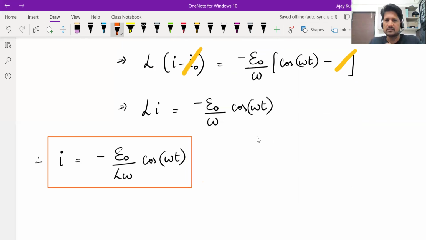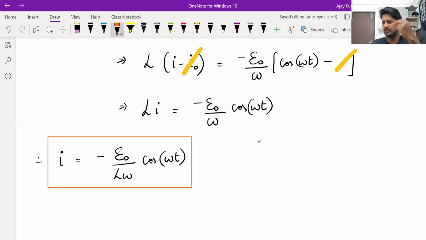Now, based on this current equation, we need to find out the phase difference between the EMF and the current. We should write an expression for the peak value of the current. In case of capacitor, if you remember, we found a new quantity called capacitive reactance, the opposition offered by a capacitor to current.